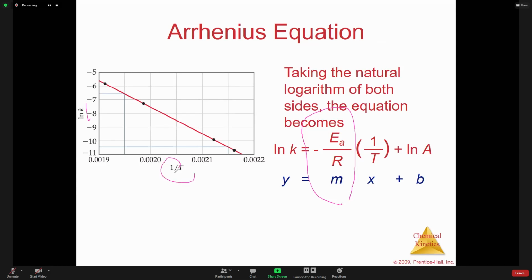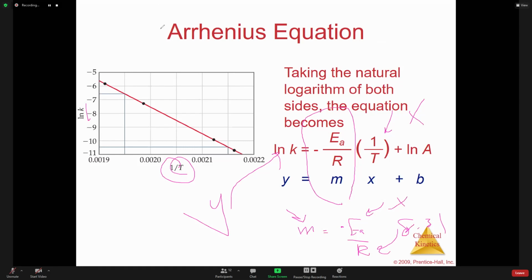If you do 1 over temp for your X and the natural log of the K values at each of those temps on your Y, your slope is equal to your negative activation energy over your gas law constant. We know this is 8.31. This you get from your graph, and then you could solve for the activation energy. I think that's really cool.